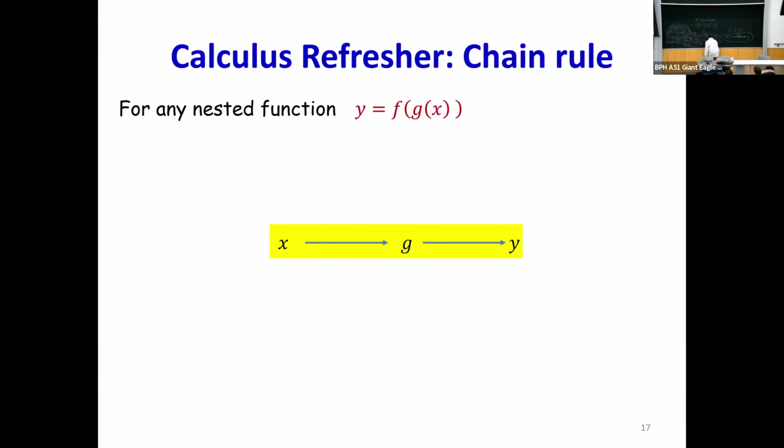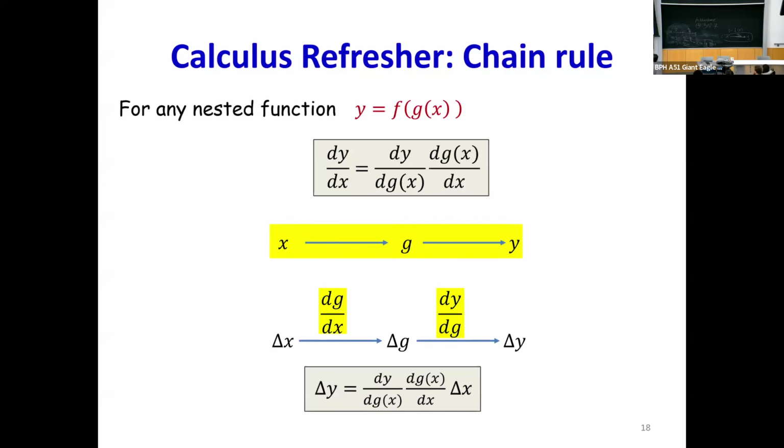And so that's going to be dg over dx times delta x. So this gives you this famous chain rule, which tells you how nesting happens, the derivatives of nested functions. Everybody with me? Including those at the back? Okay. So that's why you get this very simple chain rule.